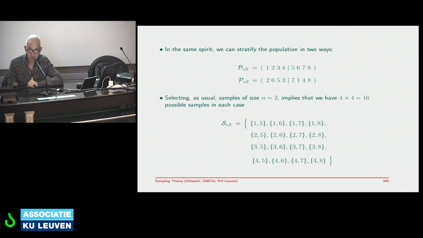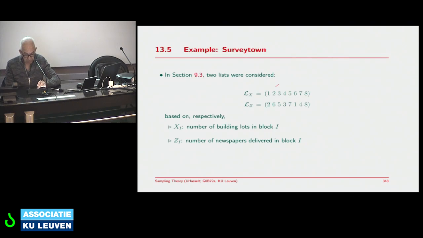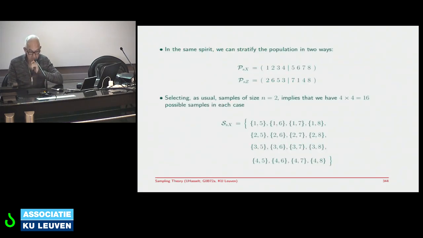Good, and let's now stratify. Let's go to the middle of the list and chop them both off. So 1, 2, 3, 4, 5, 6, 7, 8, but also 2, 6, 5, 3, 7, 1, 8, 4. All right. So, if we select samples of size 2 in a 1-1 fashion, we take, for example, in the first one here, 1 unit from one part and combine that with 1 unit of the other.